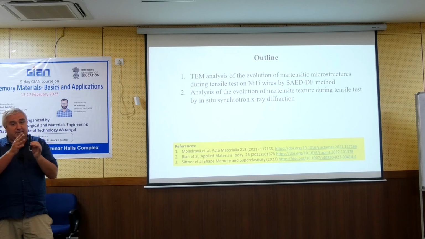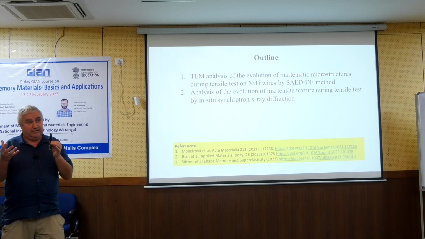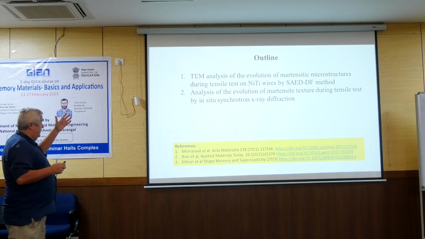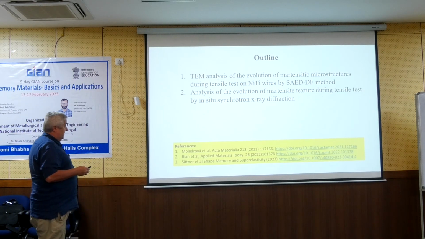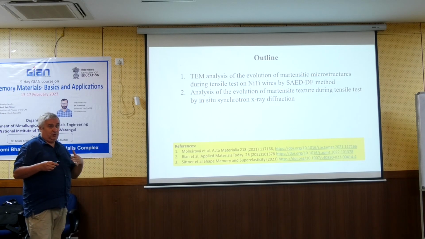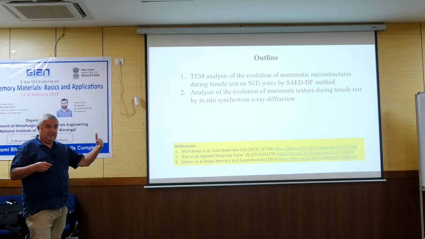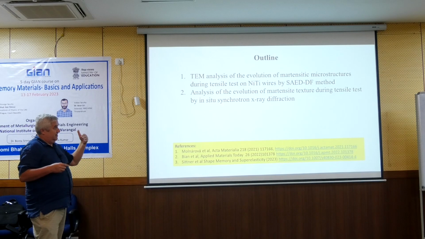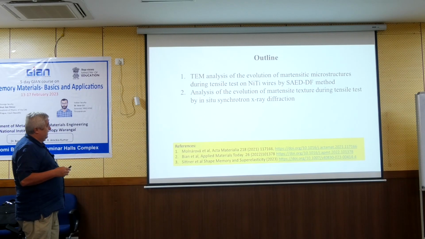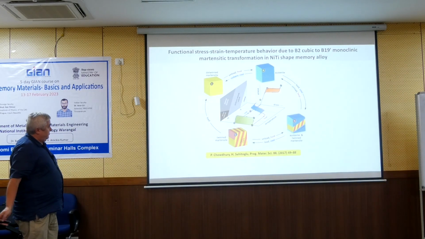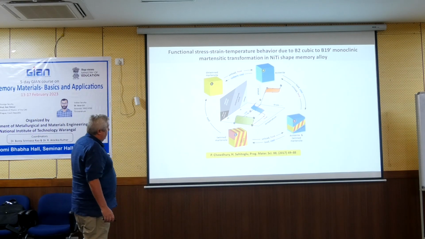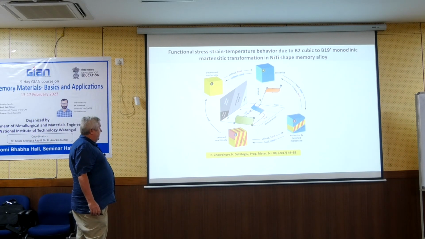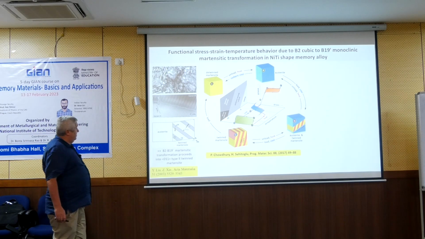It will not tell us anything about the interfaces, but it will tell us how the lattice is oriented. So in this third talk today I will try to explain the results of these two experiments, which brought us to an understanding of this transformation plasticity coupling.